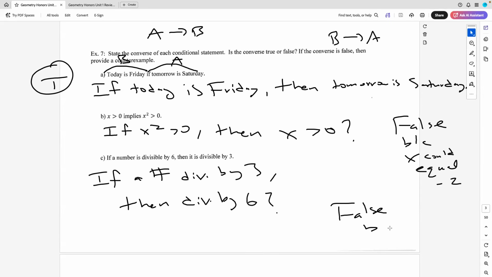Give me a good counterexample. Any of those examples. Now, originally, let's say I picked 12. 12 is divisible by 3, or 24. Sure. But in reverse, it's not true.